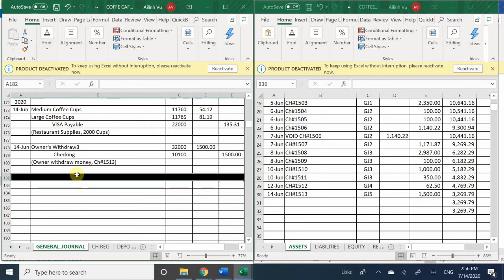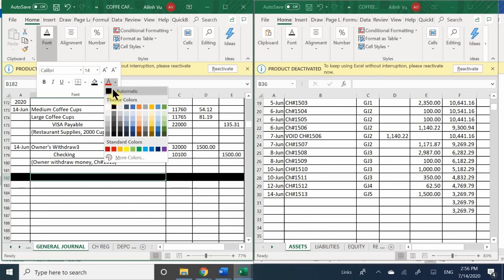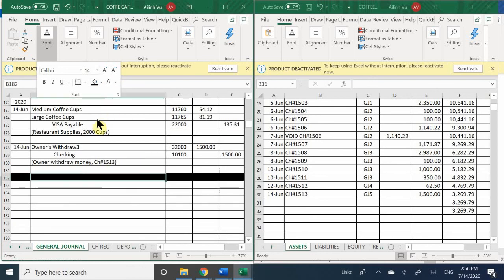And I'm going to have white writing in here because I'm going to indicate that this is the end of my period, because right after this we're going to be doing our trial balance number 2. So that's why I'm going to indicate trial balance in here, which isn't showing up. Where is my trial? There you go.